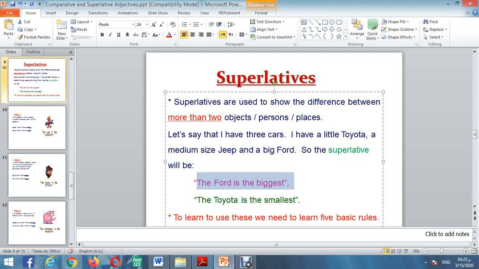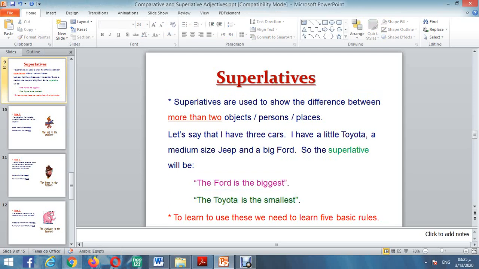The Toyota is the smallest. So here I'm comparing Ford and the other cars, Toyota and the other cars. So when we compare between one and 2 or more, it's called superlative.